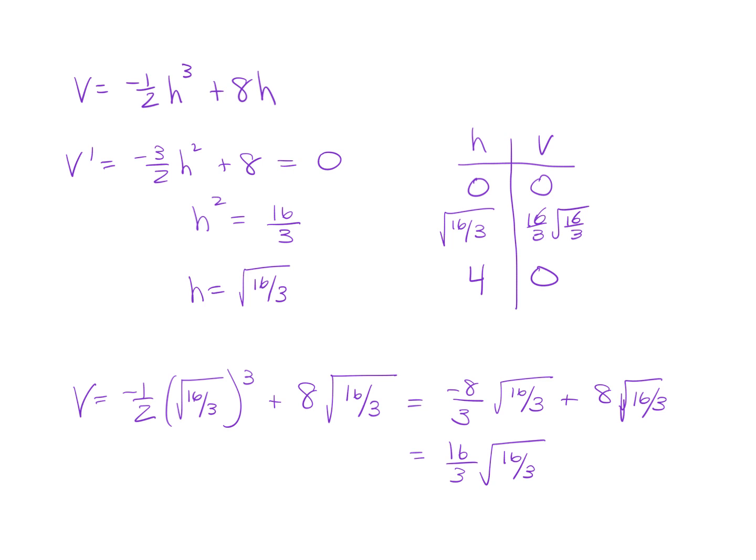So the actual question was, for what values of the parameters R and H is the volume of the cup maximized? We know that H is radical 16/3. For the R value, we had an equation that R squared is 16 minus H squared. So I'm going to get a new slide here.